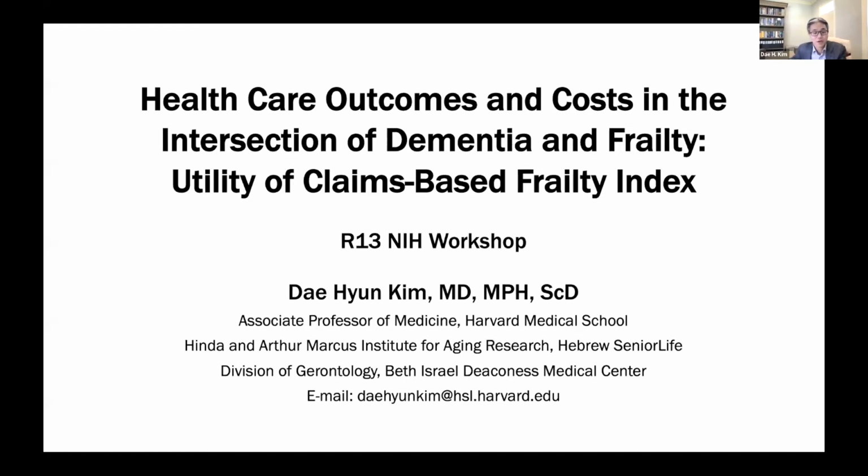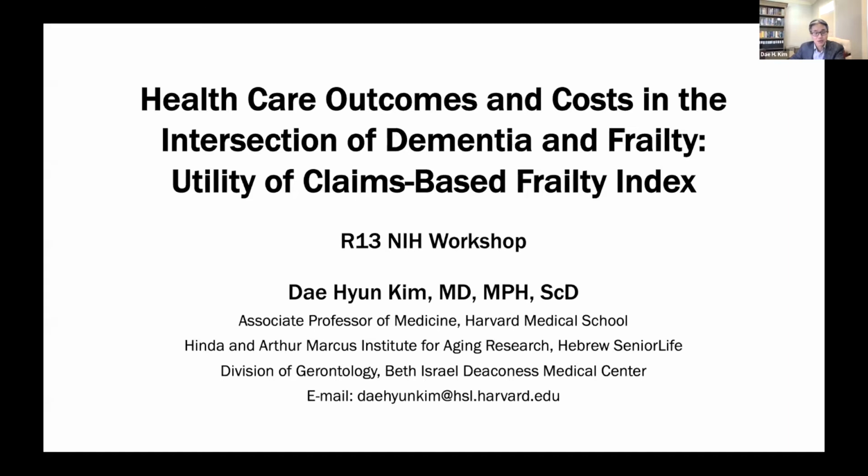Thank you for giving me this opportunity to speak today. What I'm going to talk about for the next 20 minutes is how to measure frailty in administrative claims data to study health outcomes in older adults, including people with dementia.